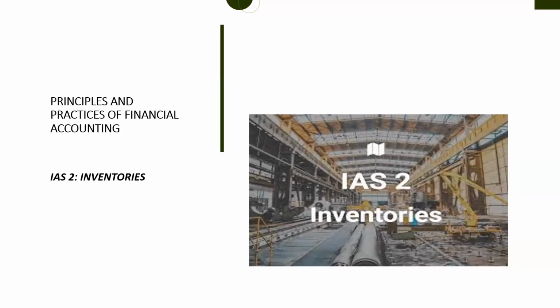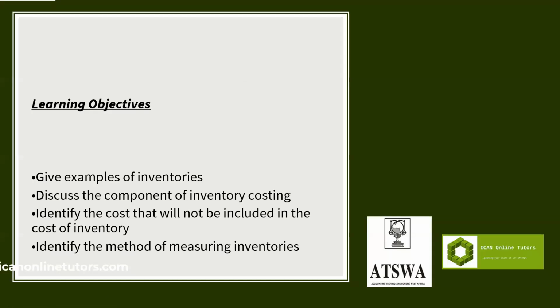So what is inventory? According to IAS 2, inventories are assets that are held for sale in the ordinary course of business. They are assets that are held for sale in the ordinary course of the business. That is what they do.